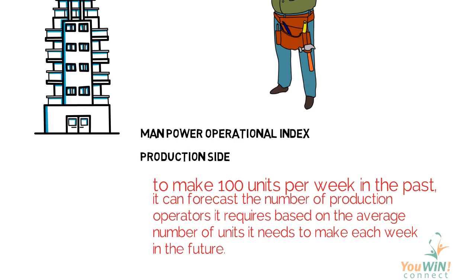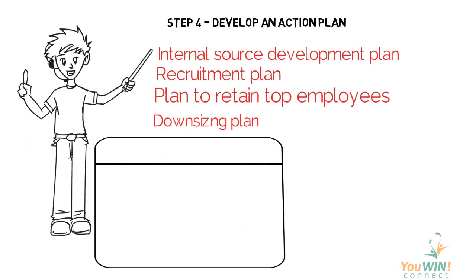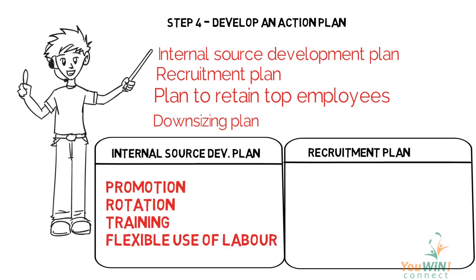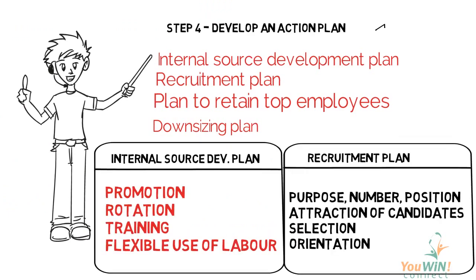Once we have done your forecasting that way, we then develop the action plan, which is step 4. On the screen, you can see we've listed 4 plans. We have the internal source development plan, the recruitment plan, the plan to retain top employees, and a downsizing plan.